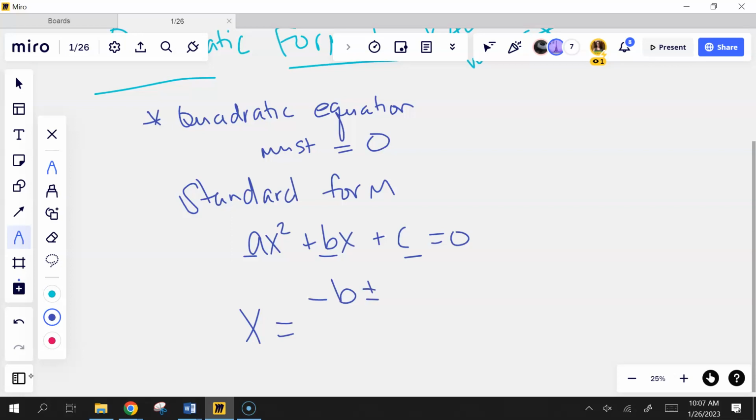Does anybody know what comes next? No. Y'all just guess. The square root. Look at my big, long square root. Make sure you make it the same. b squared minus 4 times a times c.